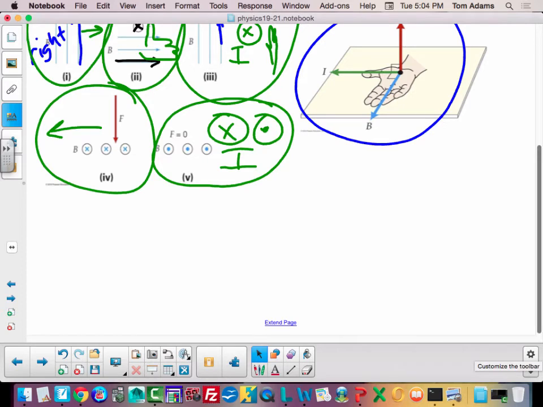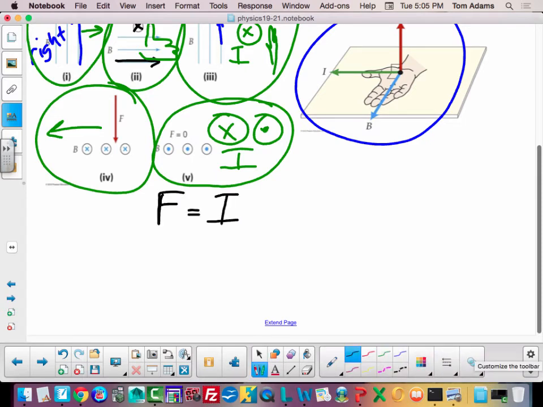For part B, remember that the force is always equal to the current times the length of the wire times the magnitude of the magnetic field times sine of theta.